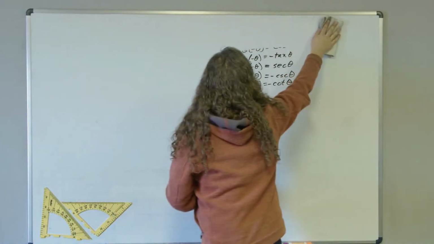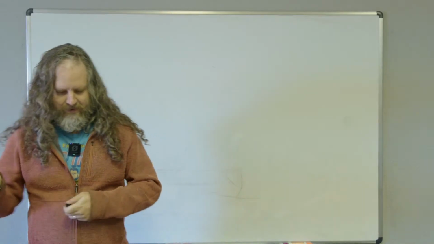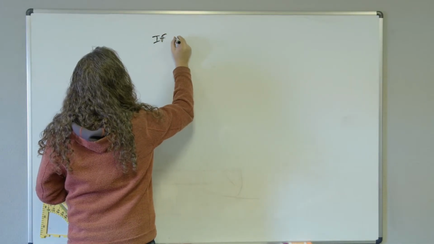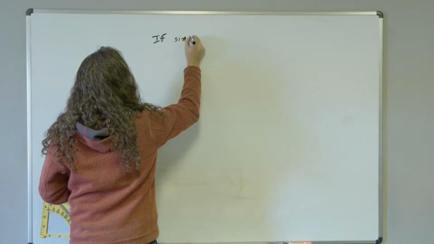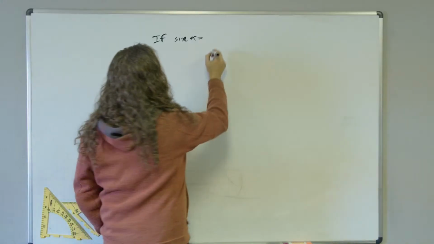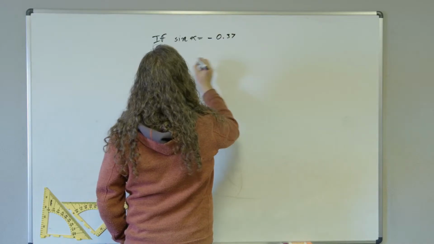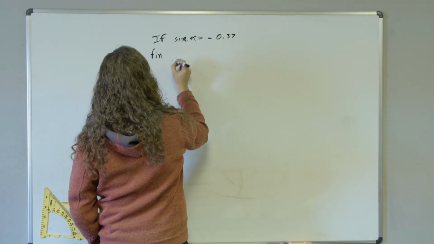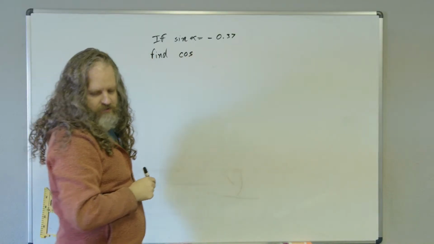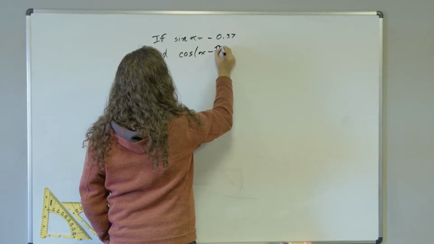Let's do an example. If the sine of x equals negative 0.37, find the cosine of x minus pi over 2.